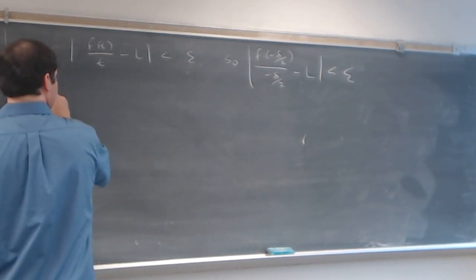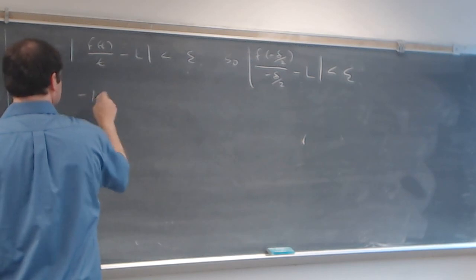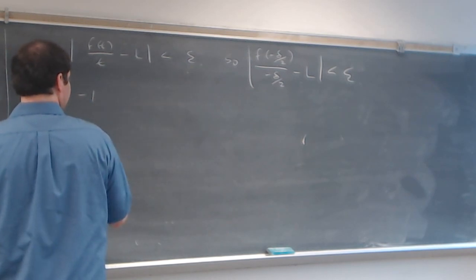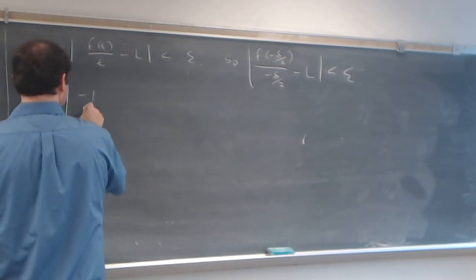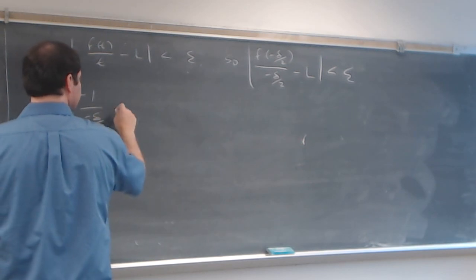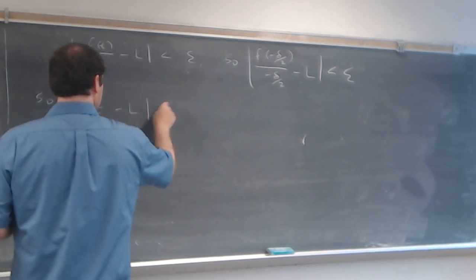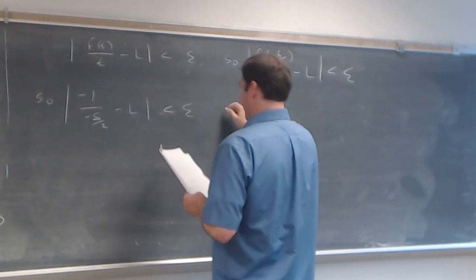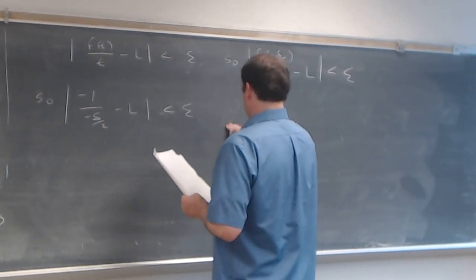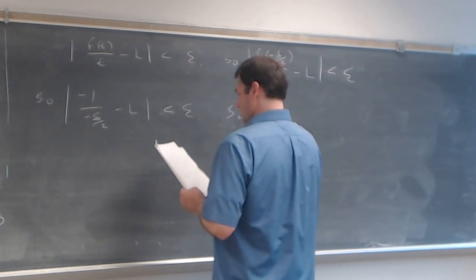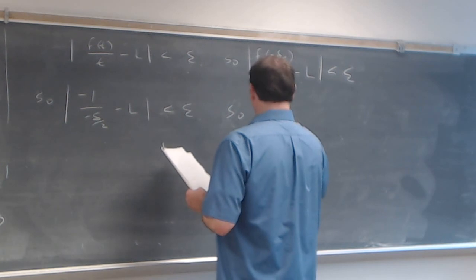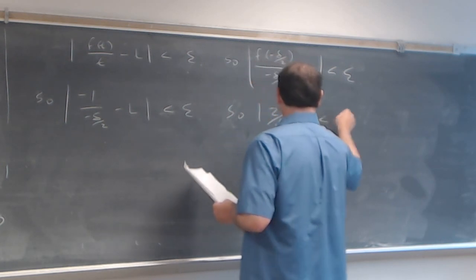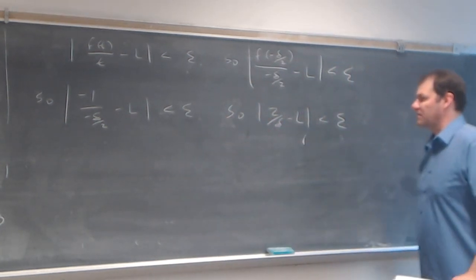And that says that minus 1, that's what f was of a negative number, over minus delta over 2 minus L will be less than epsilon. So that says that the absolute value of 2 over delta minus L will be less than epsilon, just simplifying that.